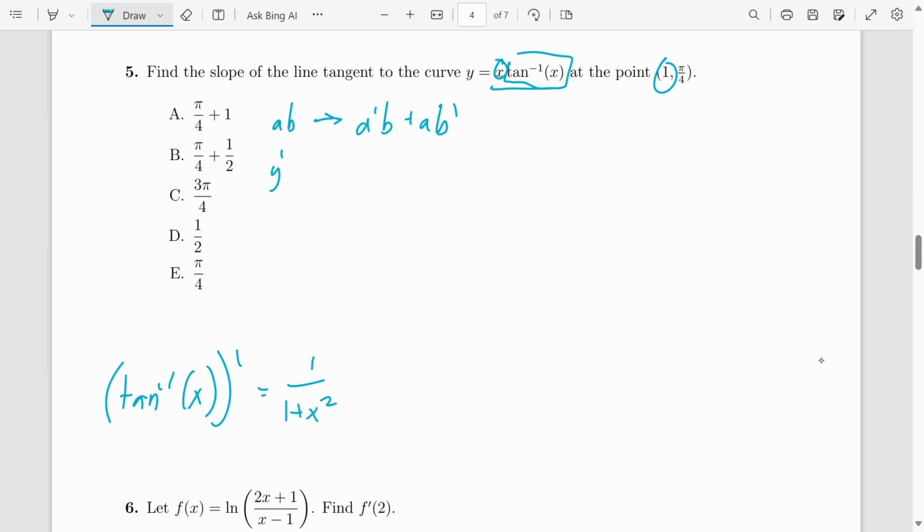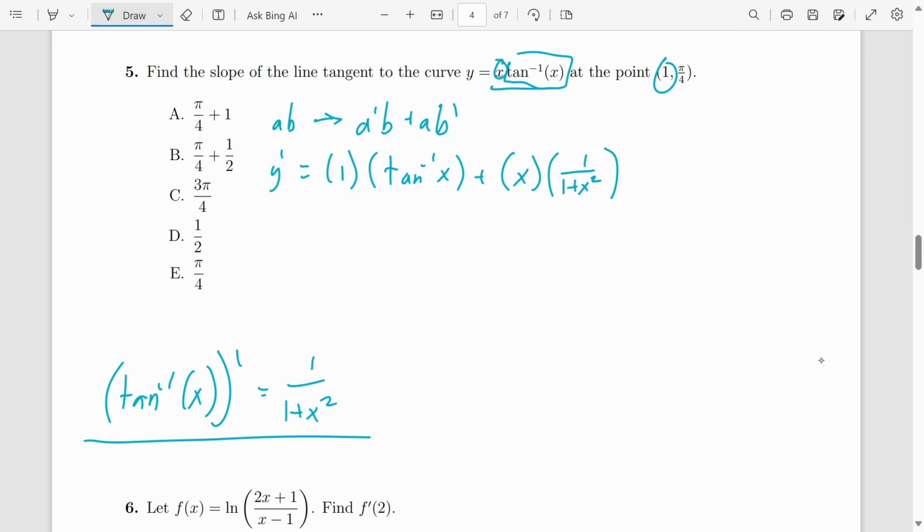So y prime is now a prime, the derivative of x, which is just 1, times b, which is inverse tangent of x, plus a, which is just x, times b prime, so the derivative of inverse tangent of x.